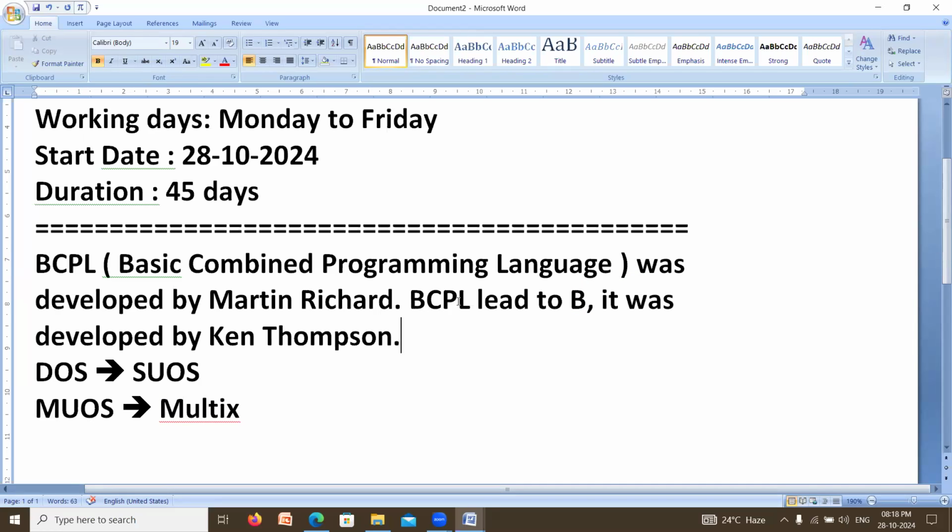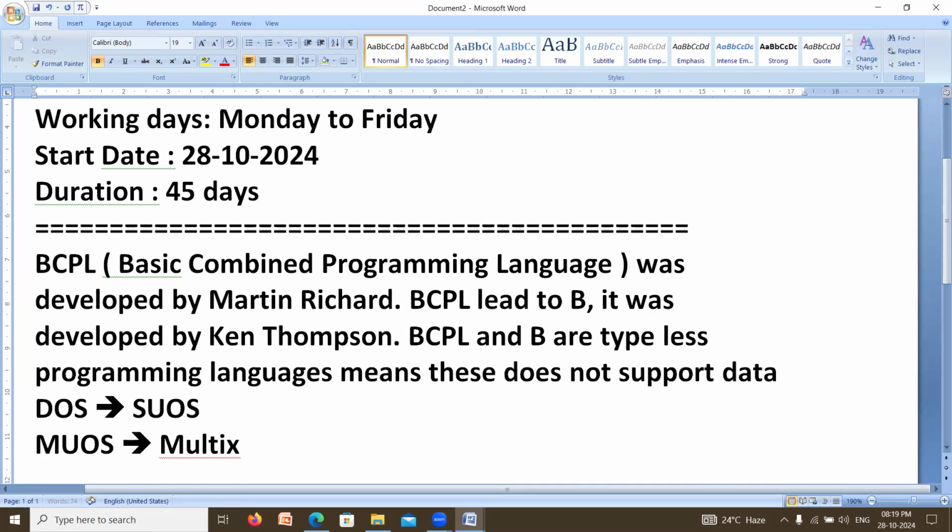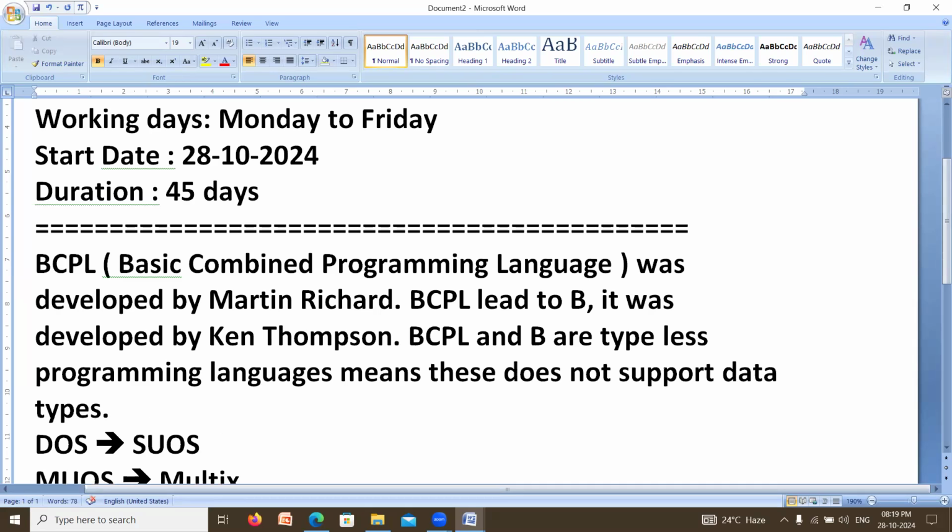But my dear friends, the languages BCPL and B are called typeless programming languages. Typeless means these don't support data types.